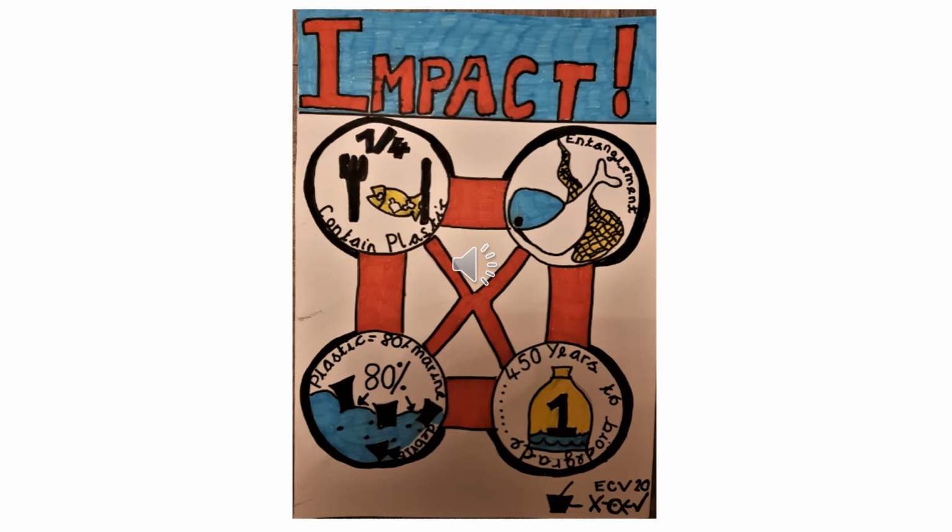And then the final circle says plastic equals 80% of marine debris. On the bottom right hand side, you can see that I have created my own logo, ECV20. It's got a plastic cup with a cross, a fish and a tick.